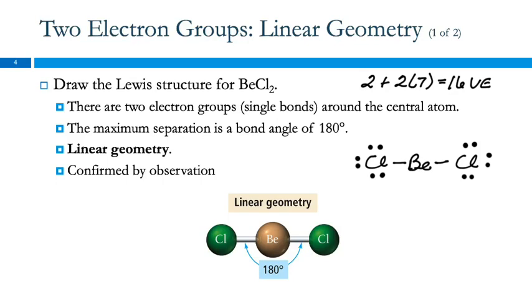So the octet rule says we would need to make multiple bonds and do some sharing. But what's special about beryllium? Beryllium often is okay with an incomplete octet. So how can we tell if we should do the octet or not with beryllium? Because sometimes it does an octet.